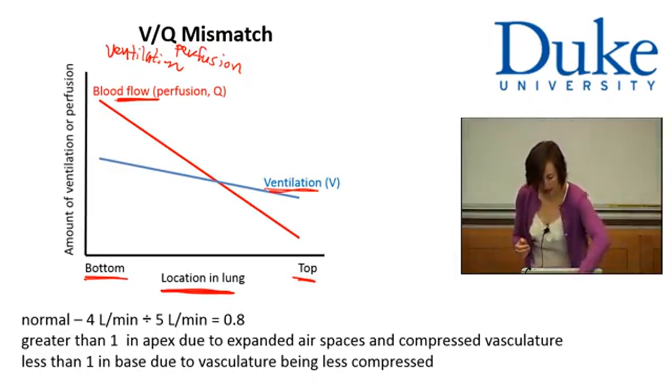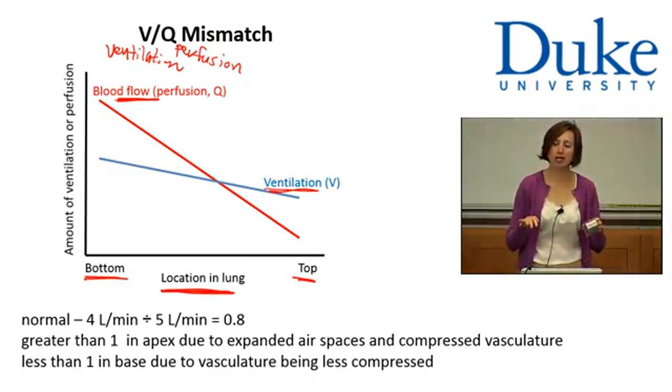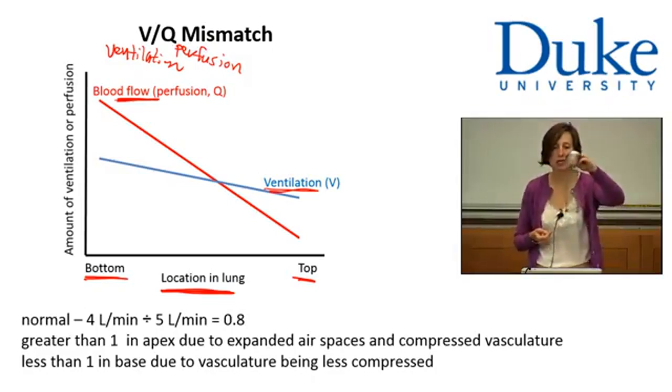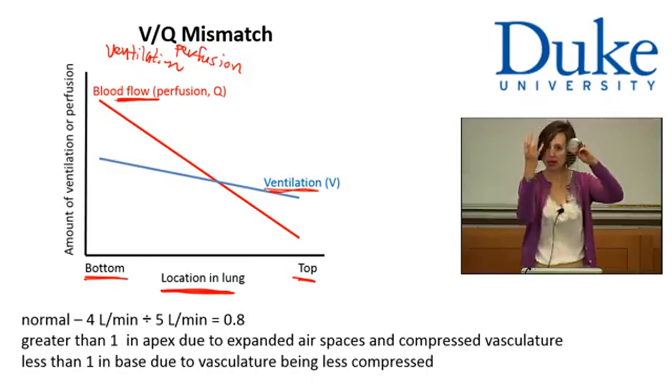So let's consider ventilation first, where we know that we have our lung, and it's really kind of hanging in the chest wall. And so the top of the lung is stretched more than the bottom of the lung because it's got the rest of the lung hanging from it.